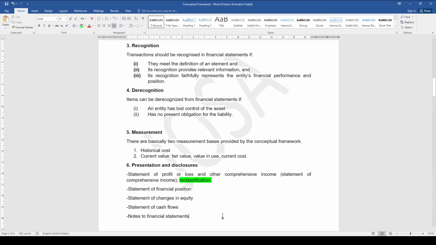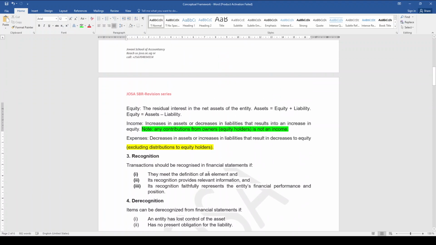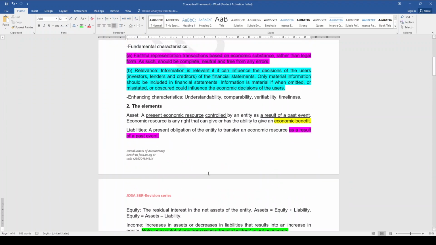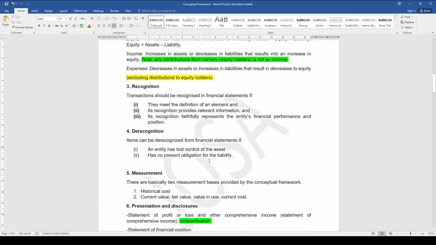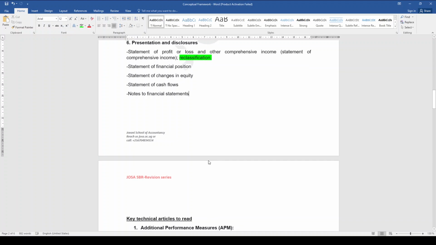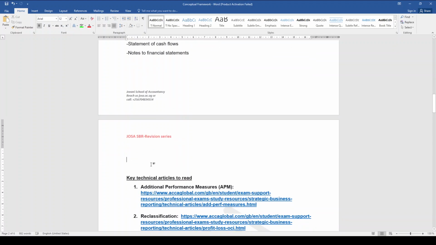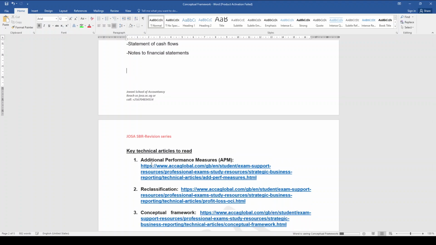Okay, so not to bore you guys, we've discussed the key items that we should look out for in the conceptual framework. Before you go for your exam, make sure that at least you've gone through all of this in detail and how you can use them to answer questions where maybe a given standard is not clear or you cannot recall the key concepts. You can use the guidance of the conceptual framework to answer questions.